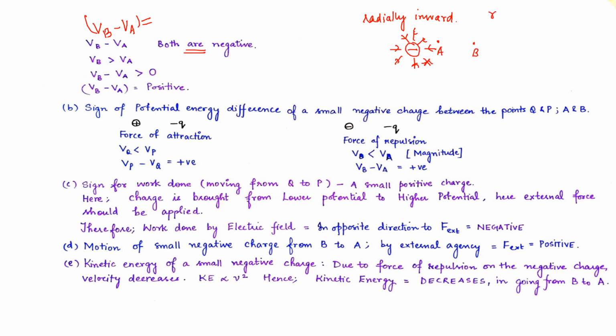The distance of A is smaller than the distance of B. Hence, what will come? VA will be greater than VB. If we assume this is minus 6 volt, because this is negative so the potential will be minus, and this will be minus 3. Here the numeral value is smaller, but because of the sign this value is becoming bigger.